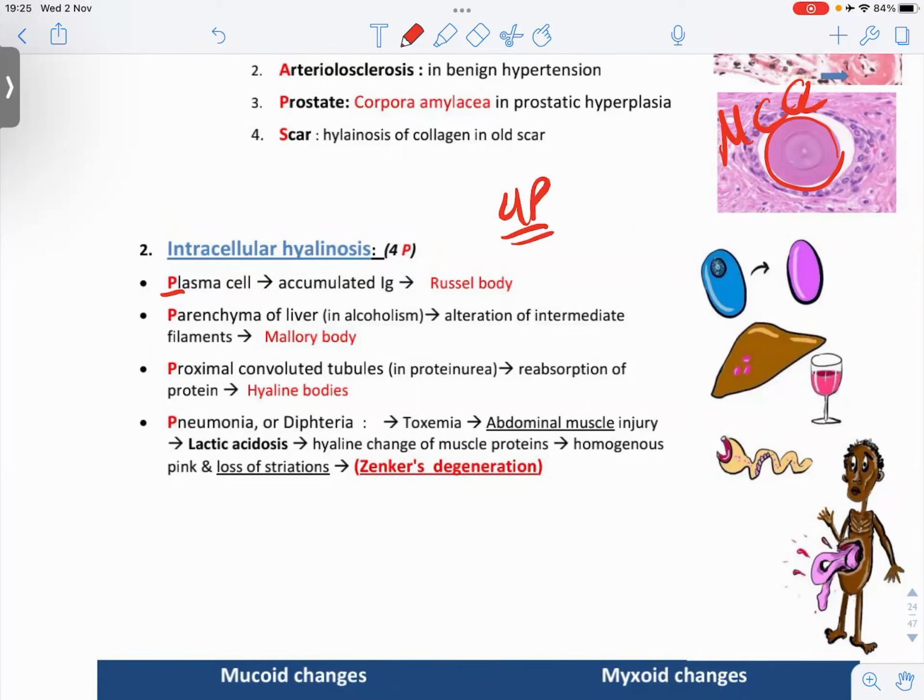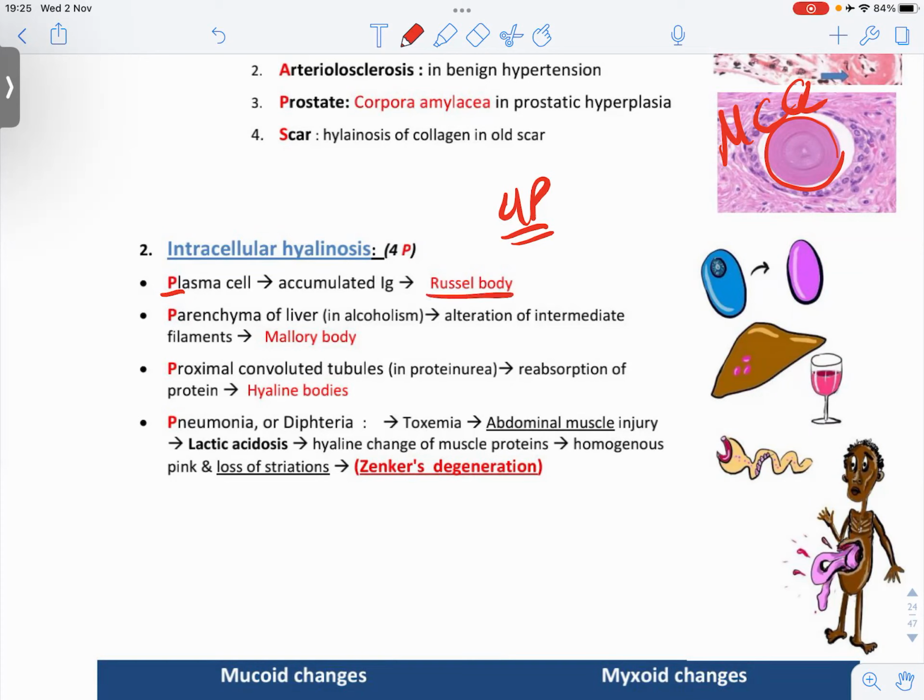First P is plasma cells. And we know that plasma cells normally synthesize immunoglobulins. Immunoglobulins are protein in structure. But when plasma cells fail to release these immunoglobulins, the immunoglobulins will start to accumulate and build up inside the plasma cells. And under microscope, we will see red deposition of protein.